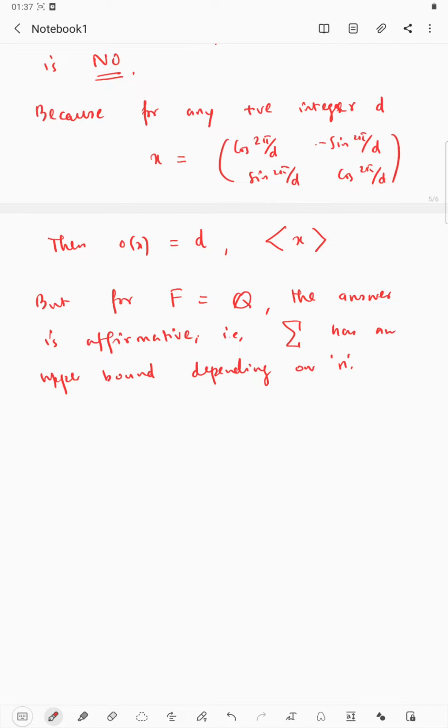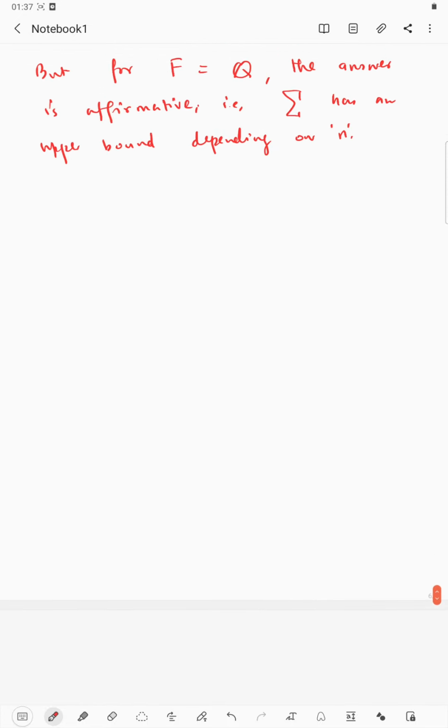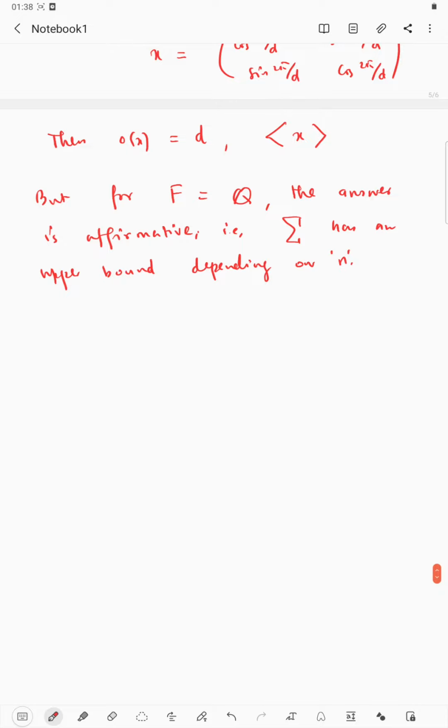So it was proved by Minkowski in around 1887.